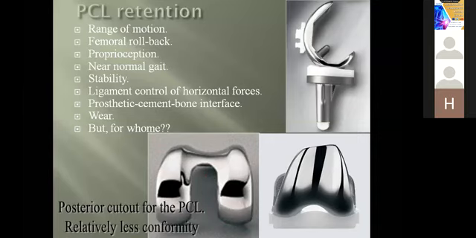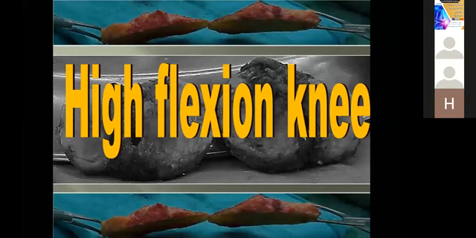And as I said before, because most of our patients come at a late stage with severe flexion deformity, severe varus deformity, deficient range of motion, maintaining a good tension after recession or releasing the PCL is a matter of great debate. That's why most of our practice in the Middle East area and in Egypt is going towards the PCL substituting designs. What about high flexion knee?